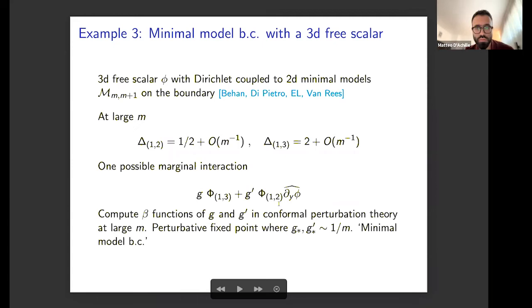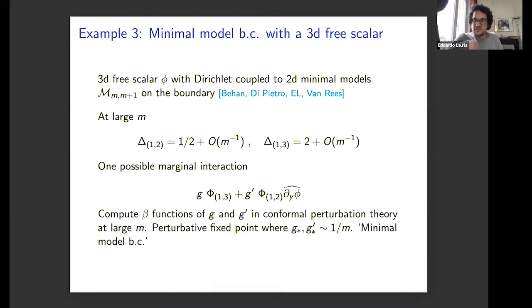Right. So this is literally what you have to do. You have a free scalar field in the bulk in 3 dimensions. On the boundary, you have your M-th diagonal minimal model, and then you turn on a boundary coupling of this form. This combination of these 2 couplings, this interaction, is marginally relevant, and it ends up in a perturbative fixed point when g is large enough.